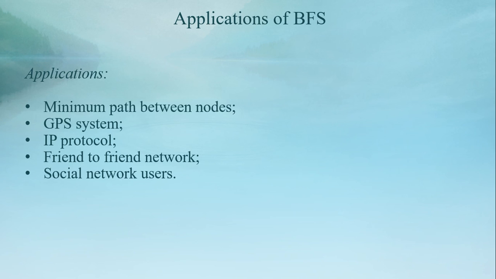So there is this path between nodes, and the more people are downloading, the faster the connection gets between these sequences, because it's a graph. IP protocol, each IP, internet protocol, is used for internet communication.